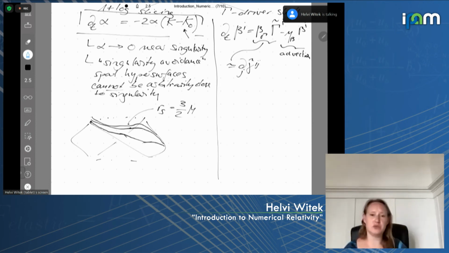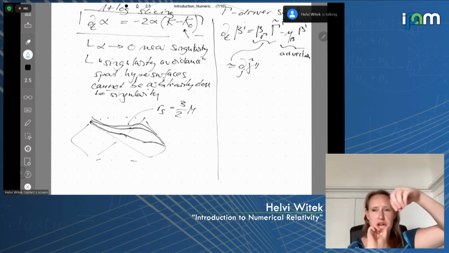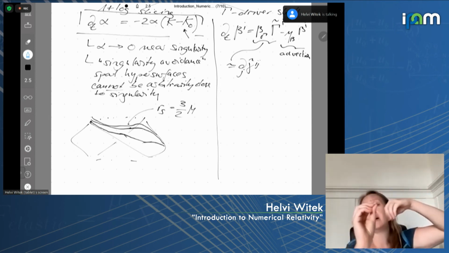So what does this do in practice? If we have a numerical evolution and we have a binary system, as the binaries evolve through the numerical grid, they would tend to drag the grid along and deform it. So you can develop really large shears in your coordinates.